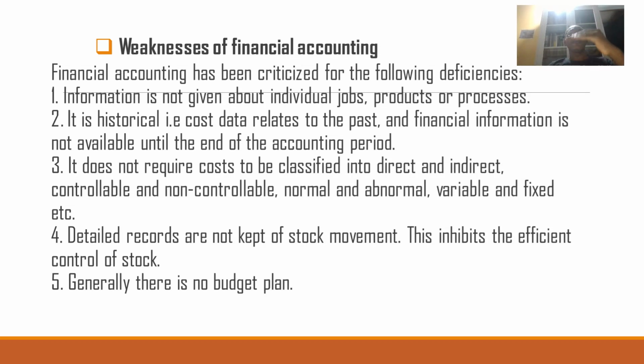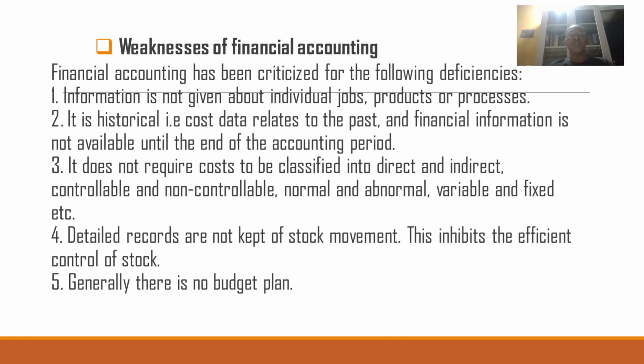Let's say you have product one, product two, product three, product four. Financial accounting will not tell you how product one, product two, product three, product four are performing. But cost accounting has a way of breaking all of these things down to give you the performance of each of the segments. So, financial accounting has therefore been criticized for the following reasons.